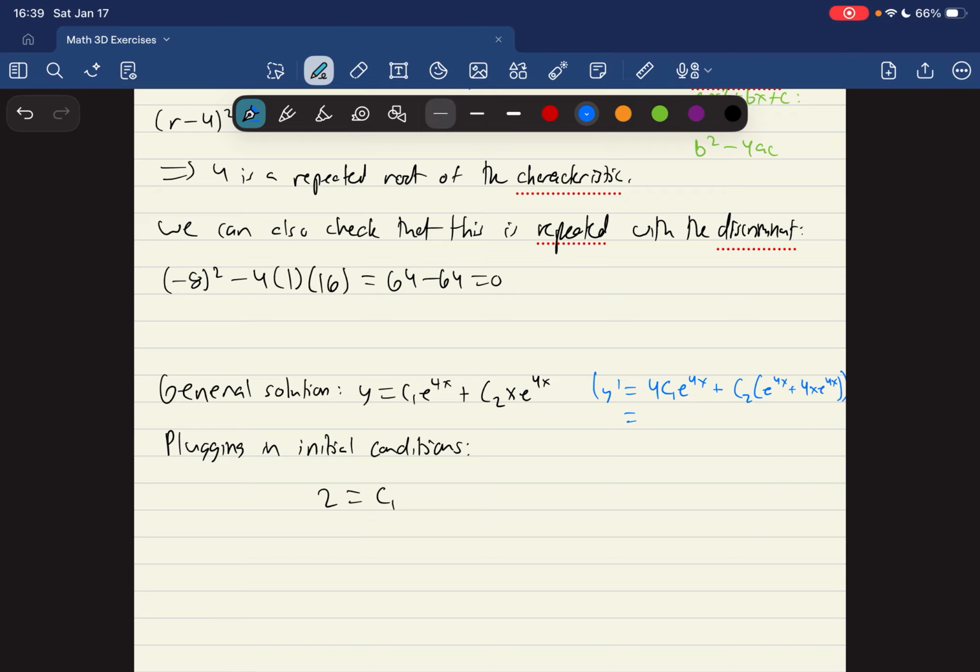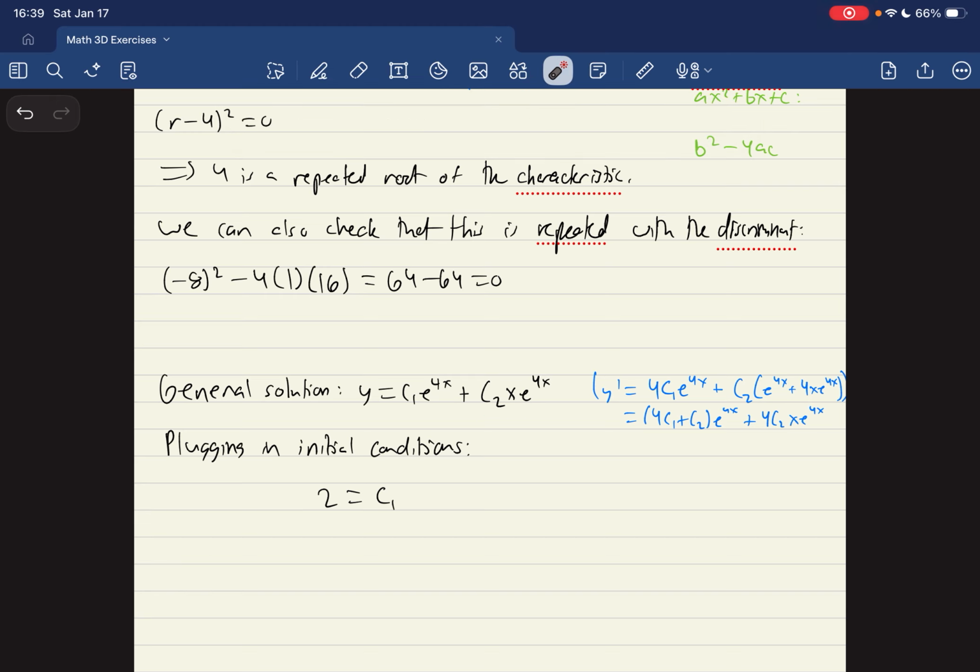And this whole thing is going to simplify to, just doing some mental math, (4c1 plus c2) e to the 4x plus 4c2 x e to the 4x. Now let me just double check this. Okay, so we got this derivative, nice. And then when we differentiate this with the product rule, we get this. And so distributing the c2, we get a c2 here, which we've accounted for here. And we have a c2 for the 4x e to the 4x, and we've accounted for that right here.